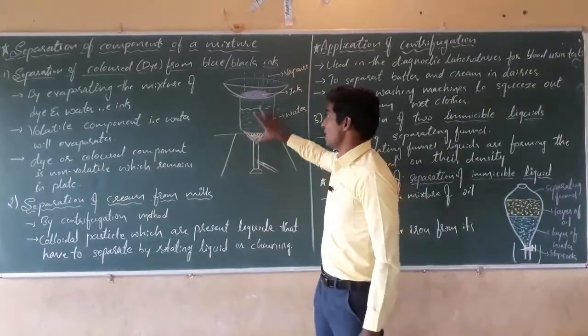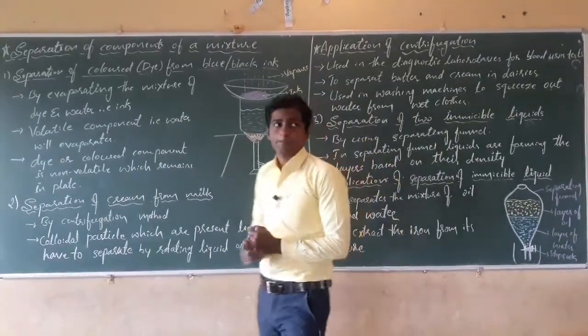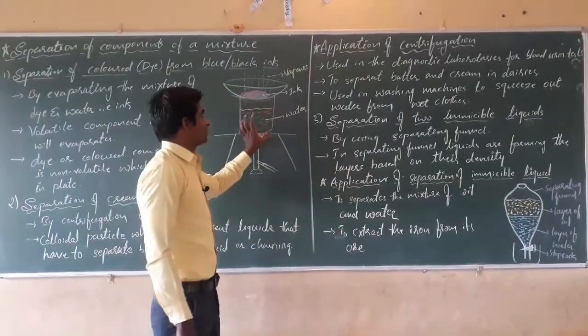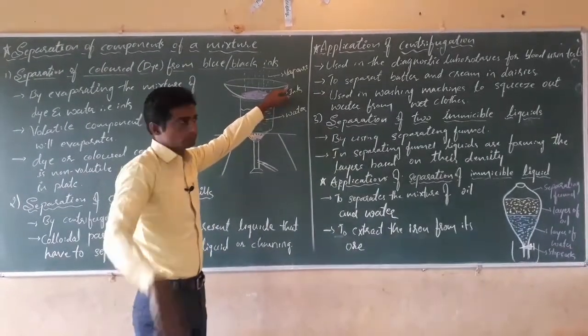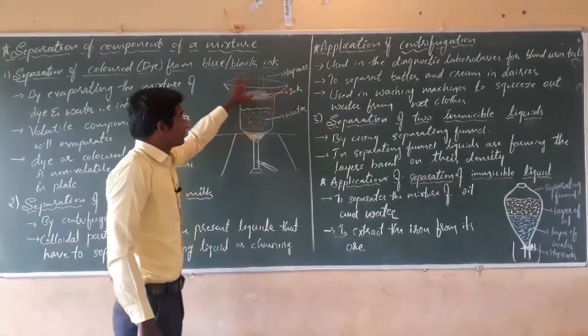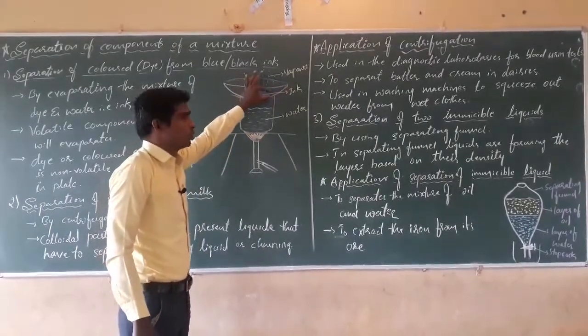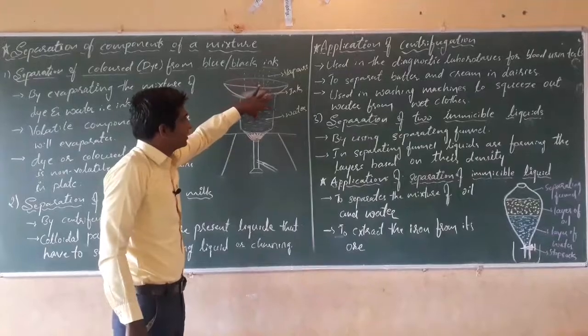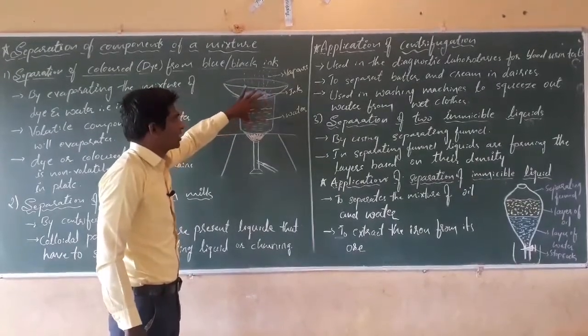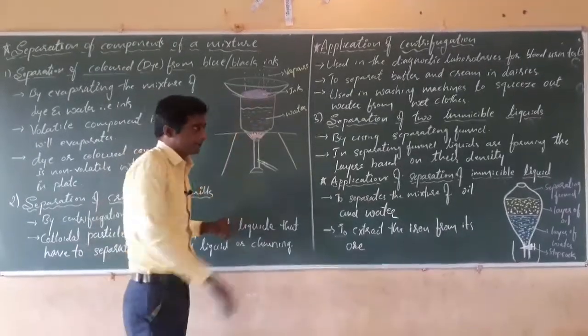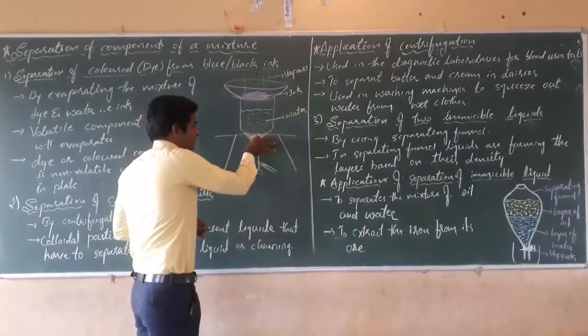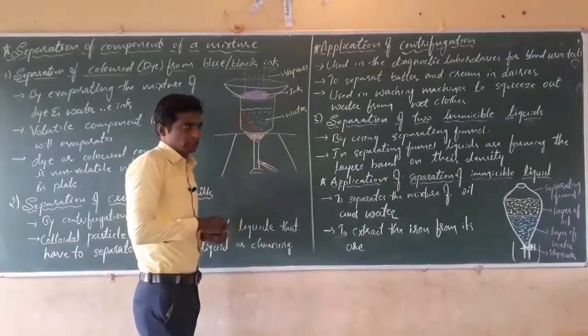We have to arrange the apparatus like this. We take a beaker and a petri dish or a glass dish. In the dish we take the blue or black ink. Inside the beaker we take water and put a wire gauze, and just below the wire gauze we put a Bunsen burner.